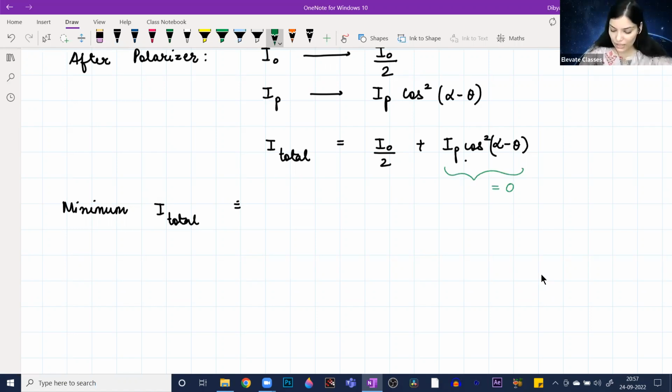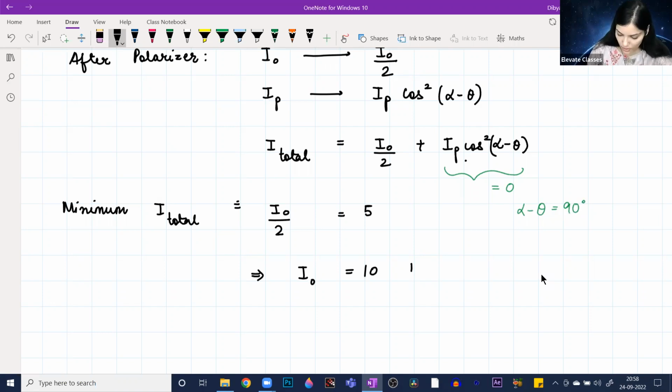So this alpha minus theta should actually be equal to 90 degrees, so that cosine of 90 degrees is equal to 0, and the contribution of this term simply goes to 0. So the minimum value I can get is I0 by 2, because for unpolarized light it is immaterial where I place my polarizer axis. Now this is given equal to 5. So this tells me that I0 is simply equal to 10 watt per meter square. So I have found one value.